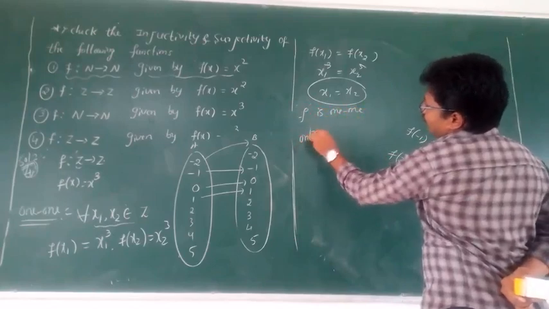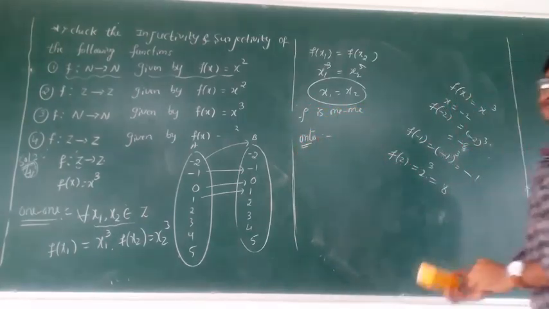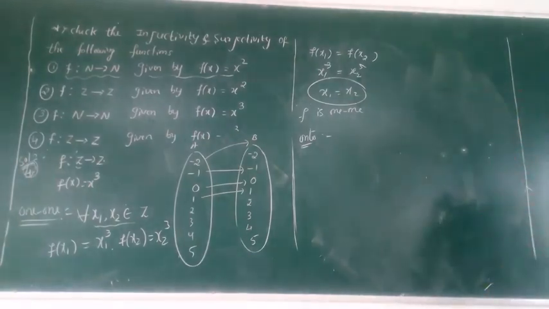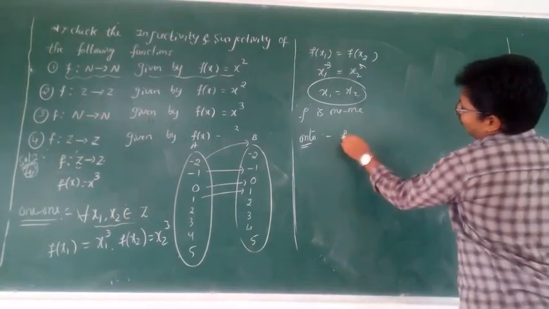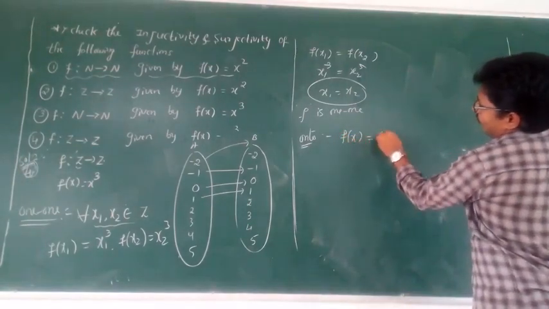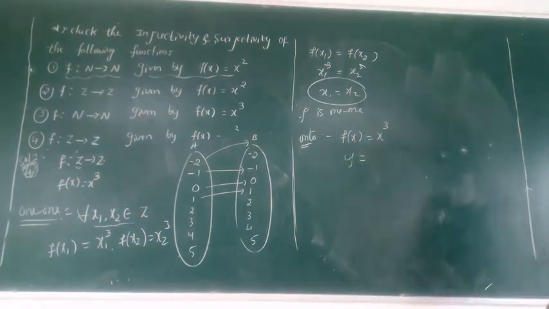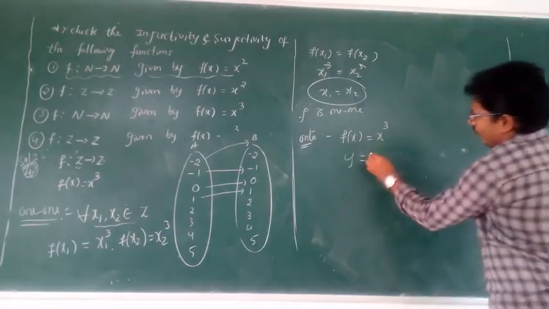Next you have to check the onto function. Is it possible to say that this is onto? Let us check. What is the given condition? f of x is equal to x cube, it means f of x is y, so y is equal to x cube.